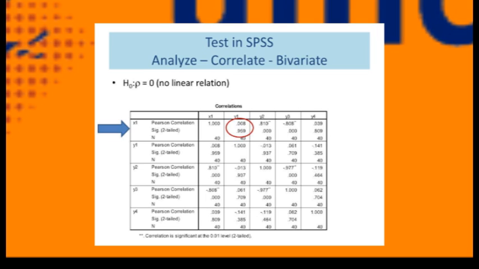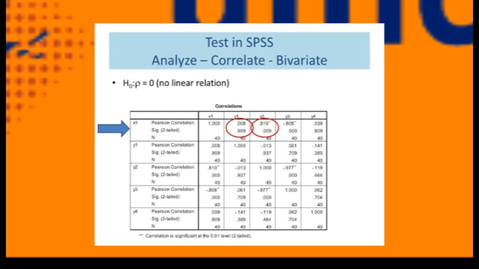The estimated correlation between x1 and y1 was close to 0, and the p-value is given as 0.959, clearly larger than alpha of 0.05. So we will not reject the null hypothesis. There is no significant linear relationship between x1 and y1.